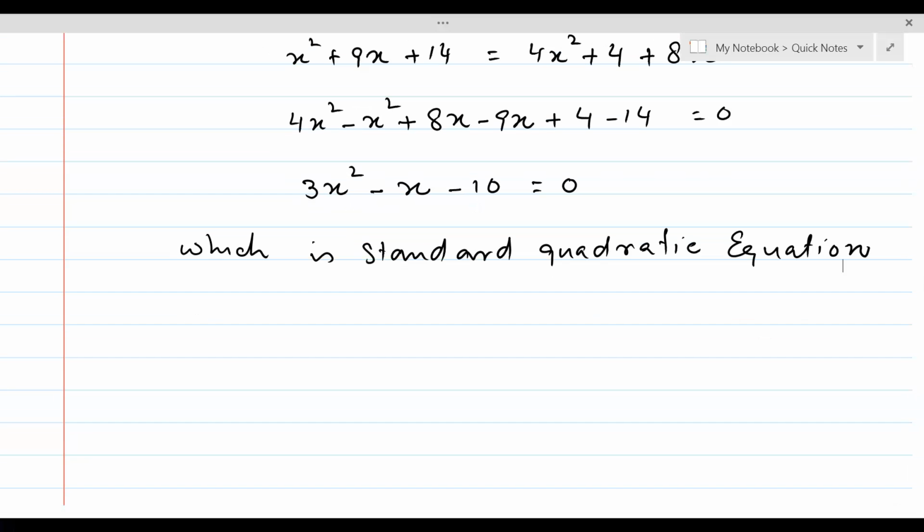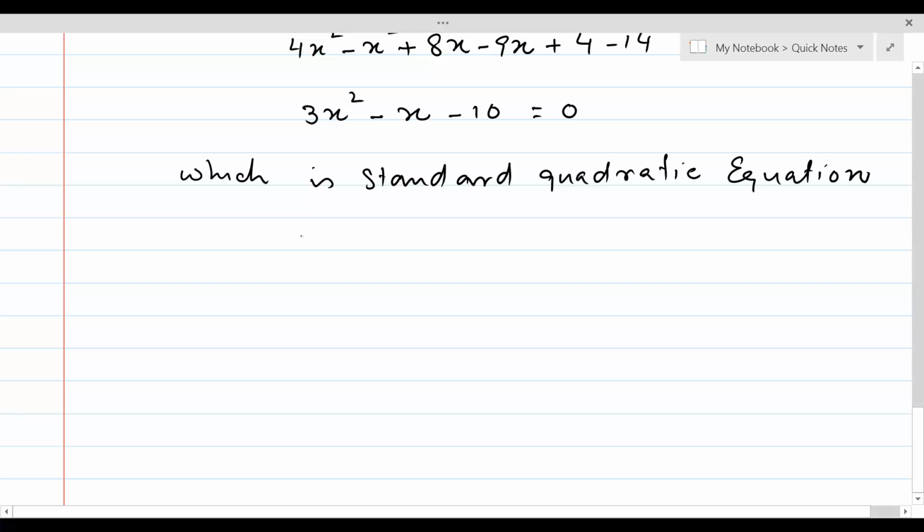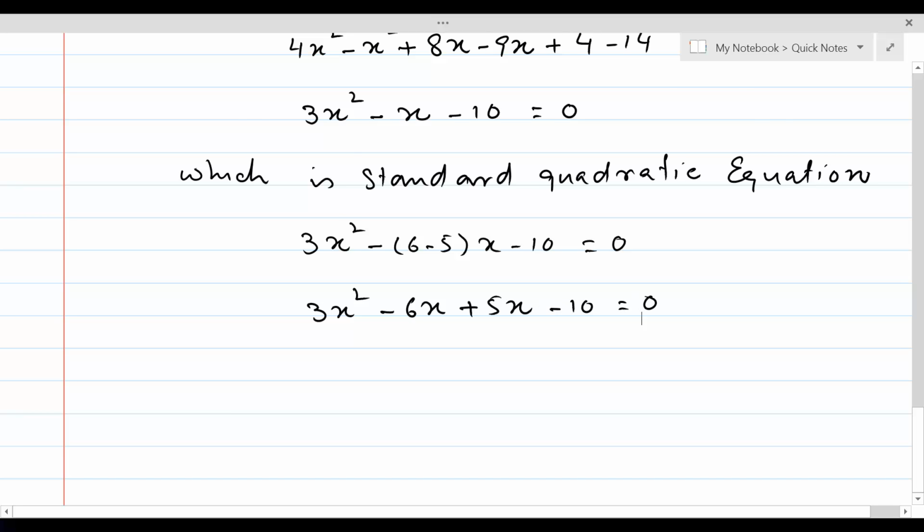Okay, now we'll solve it by factorization. For 3x squared minus x minus 10, because AC is negative again, we have to find two factors of 30 whose difference is equal to 1, which are obviously 6 and 5. So 3x squared minus 6x plus 5x minus 10 equal to 0.